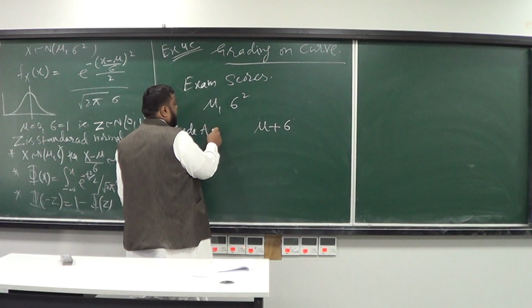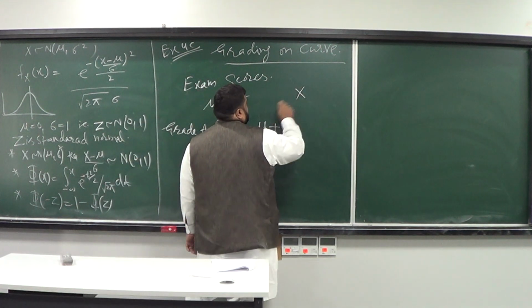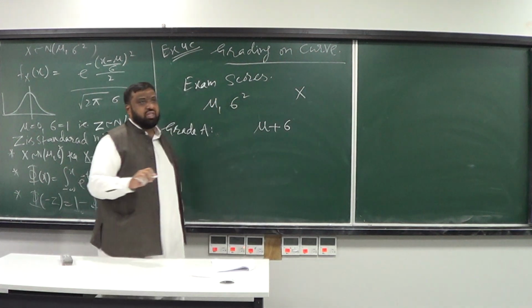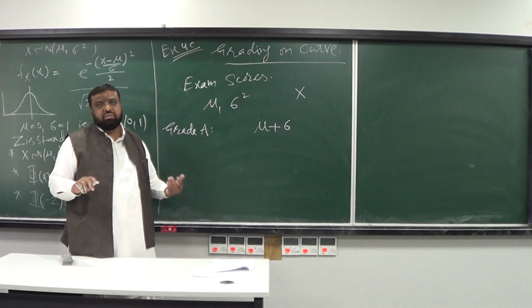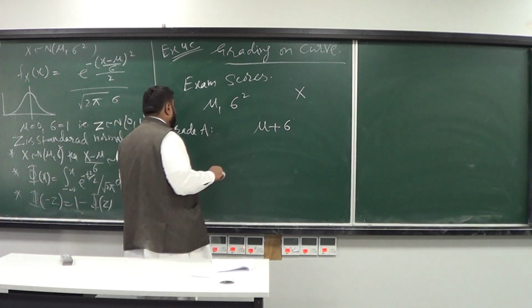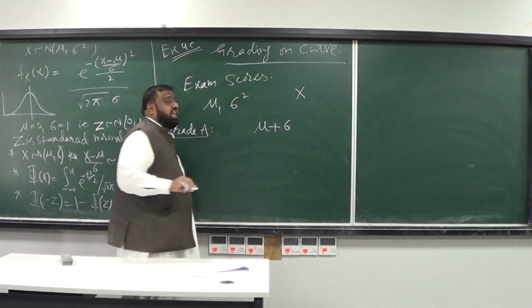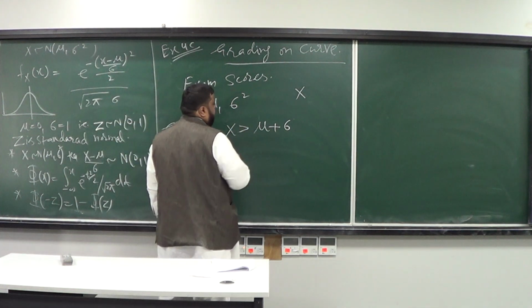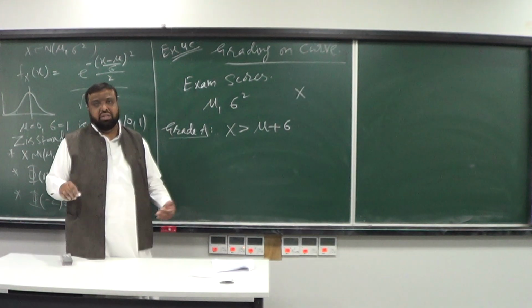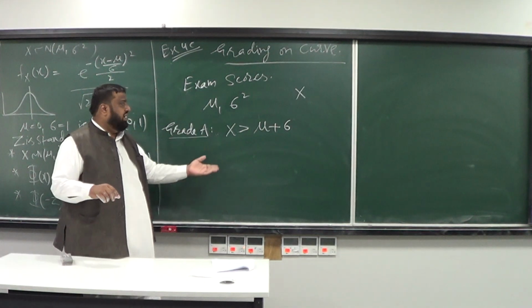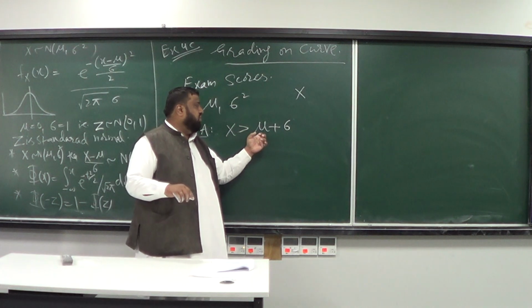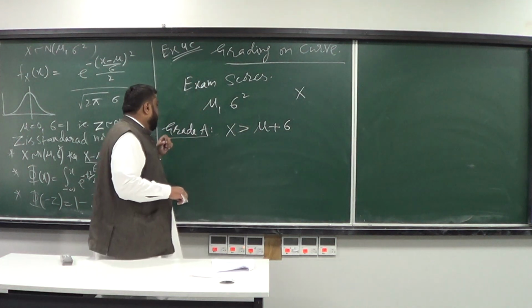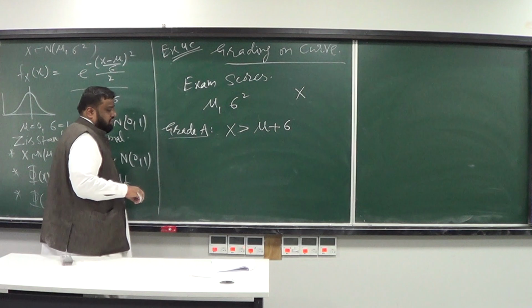Okay, so if X represents the marks obtained by a random student, then let's assign grade A to those students which have marks bigger than mu plus sigma actually. So those who have more than mu plus sigma, let's assign grade A to those.